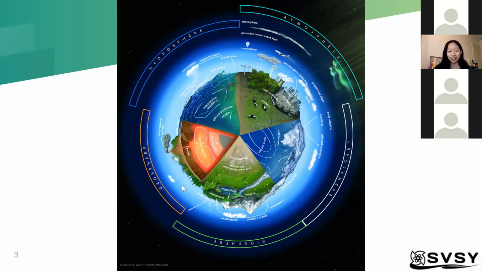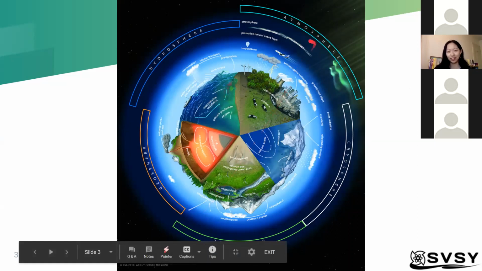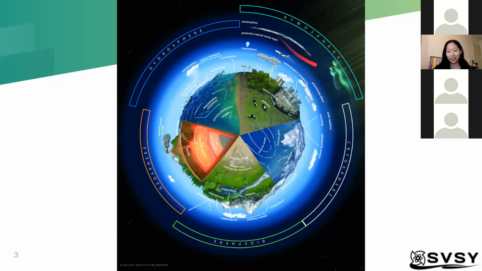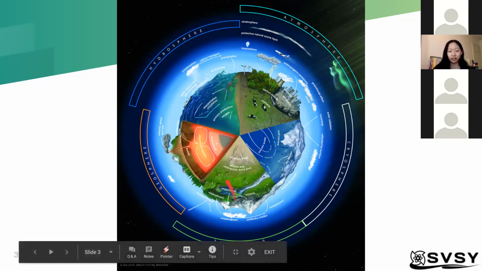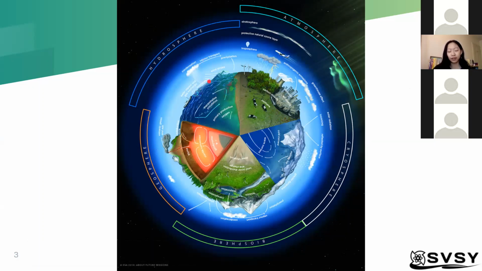So you can see there's the atmosphere, as y'all know, air stuff, and cryosphere for ice, biosphere for life, geosphere, which is also known as the lithosphere, for solid earth, and hydrosphere for water. And then there's also a 6th sphere that some people consider, called the anthroposphere, also known as the human sphere, because anthropo means human.